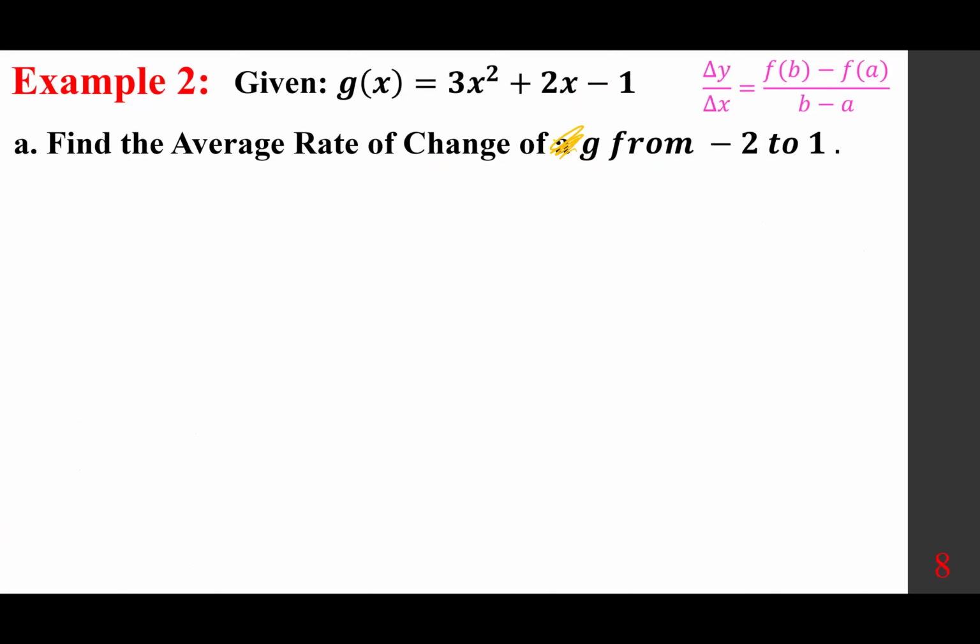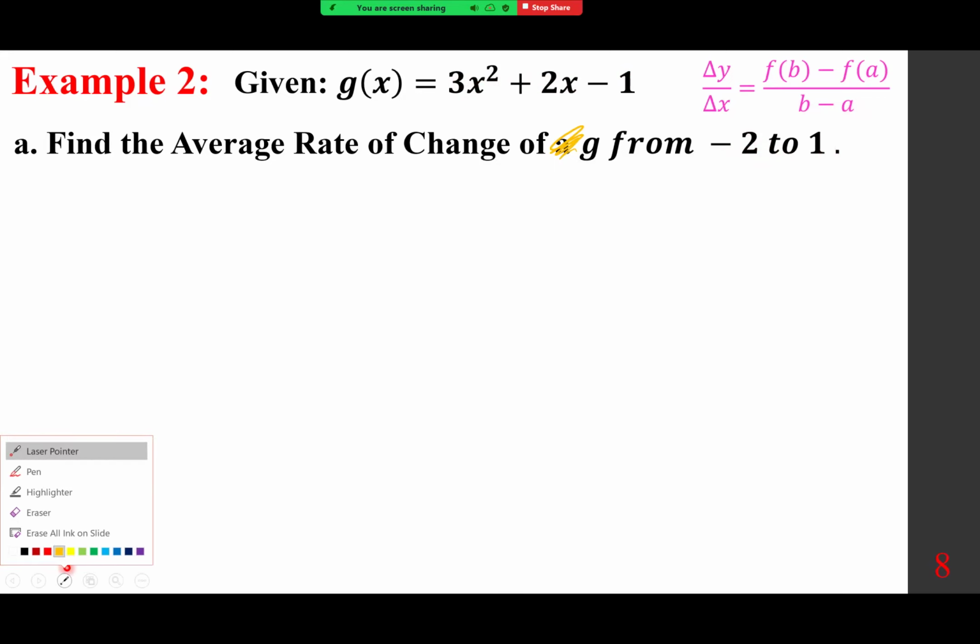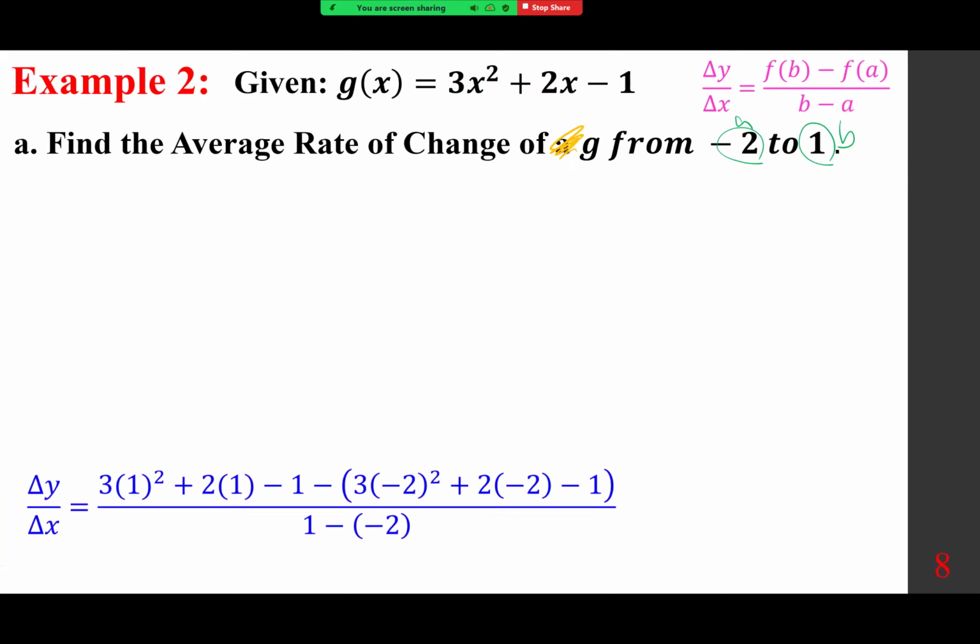Delta y over delta x is f of b minus f of a over b minus a. So let's plug in the second point, g of 1, minus the first point, g of -2, and the bottom is 1 minus -2. So this is a, this is b. Just plug it in. That's all you have to do.